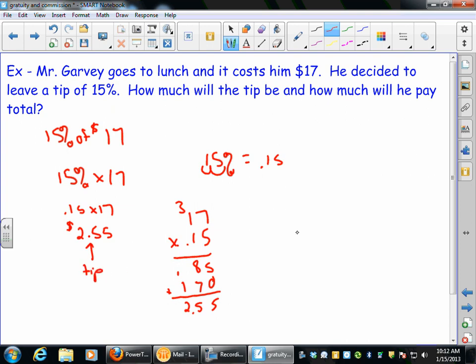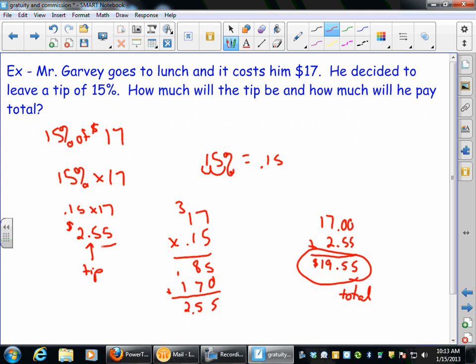So if I want the total he's going to pay, it's the $17 that his bill was plus the $2.55 that he's going to leave for tip. So if I add those up, I get 5 and 5. Bring the decimal down, 9 and 1. This $19.55 is the total that he pays.